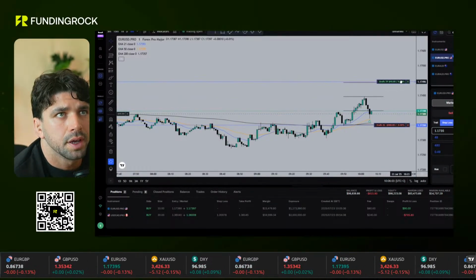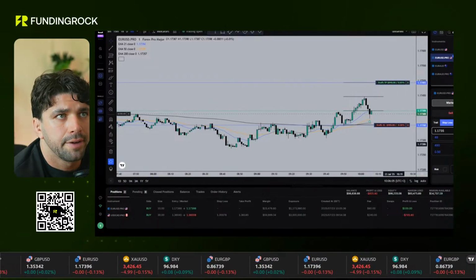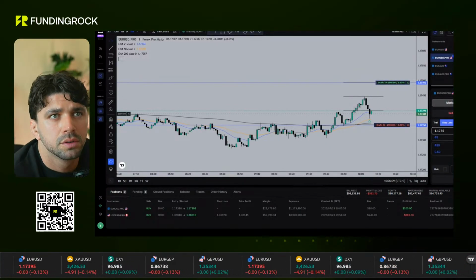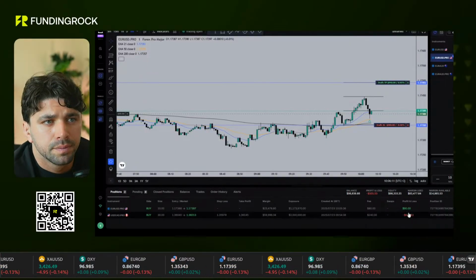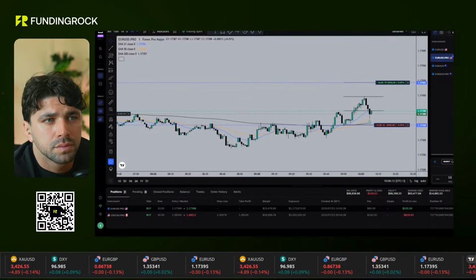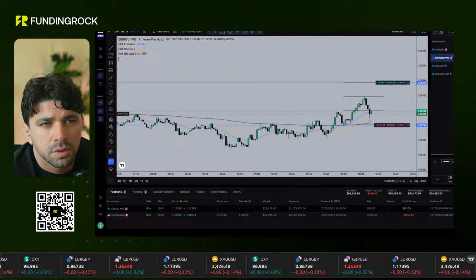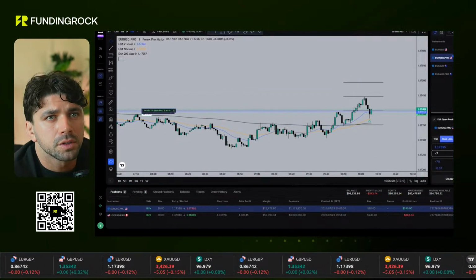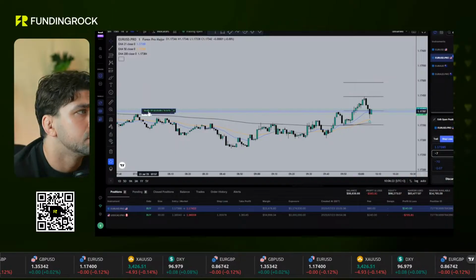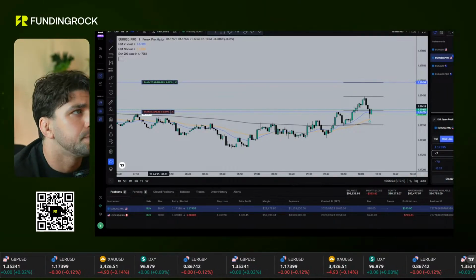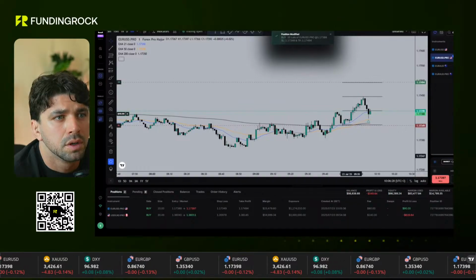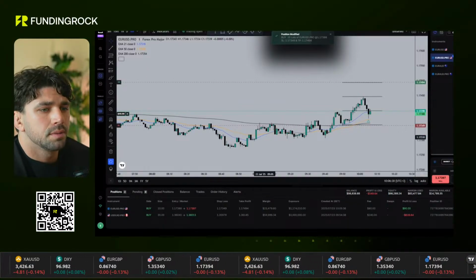Got take profit at 1749 area, and we've got a stop just below the lows. Right, stop loss, take profit. Okay, that's the trade that we got there.